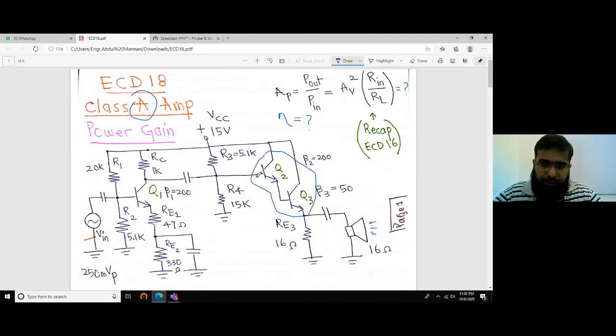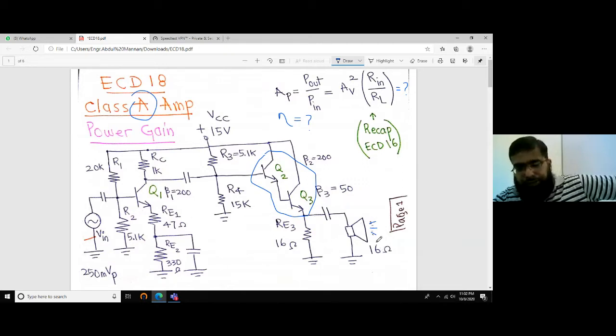Right, so given this circuit and this input voltage, we have to find two quantities, AP, the power gain, and eta, the efficiency. And we studied the formulas for both. For eta, this is the AC power that is delivered to the load divided by the DC power that is being supplied by this battery.